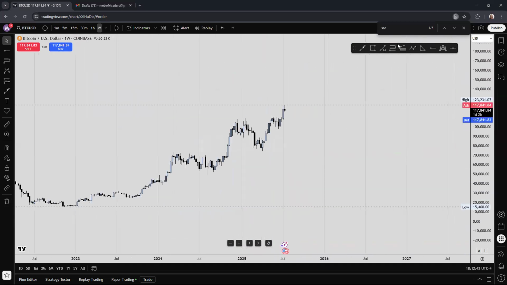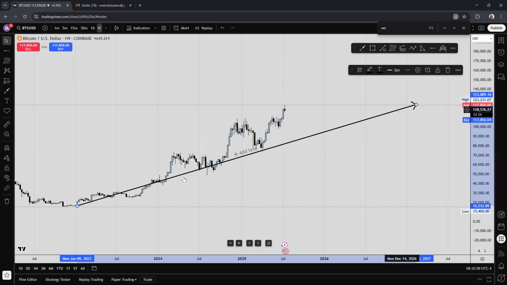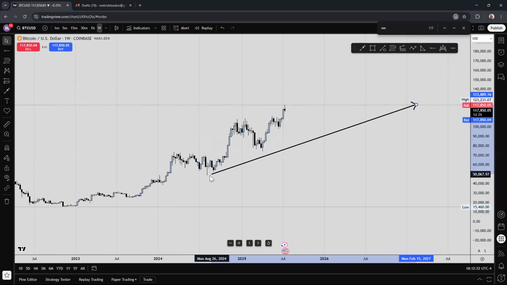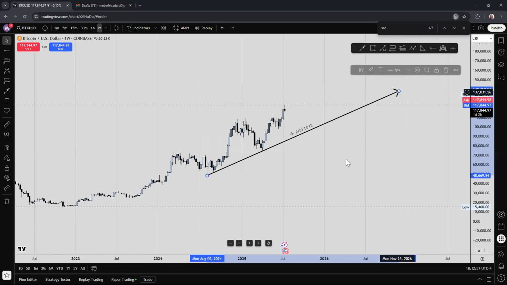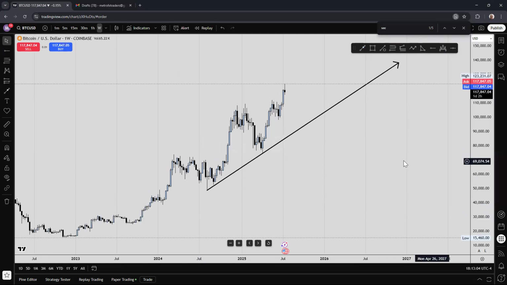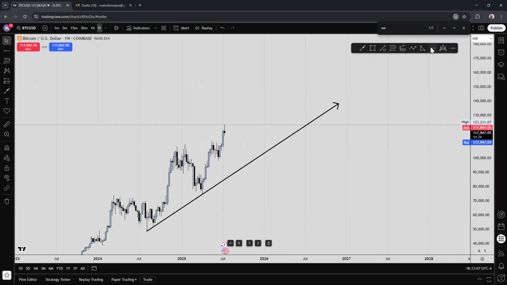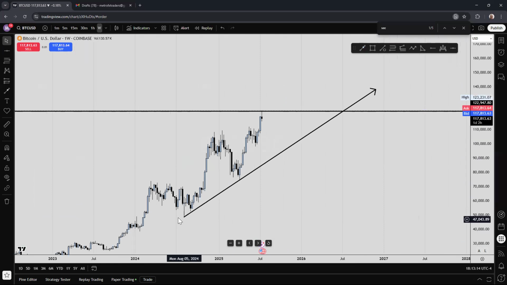As you can see, the market right now on Bitcoin, if you pull your trend line all the way from the bottom to the top, you'll notice that the market is in an uptrend, bouncing off your trend line, making higher highs. You mark your highest point, which is right here. You mark your trend line, letting you know you're in an uptrend.